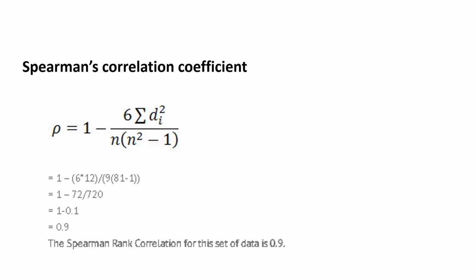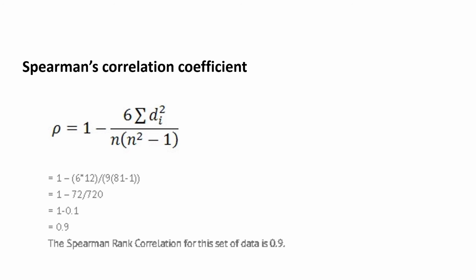So Spearman correlation coefficient is equal to 1 minus 6 multiplied by sigma D squared, that is 12 here, divided by n, n is 9, multiplied by n squared minus 1. N squared is 9 squared, that is 81.